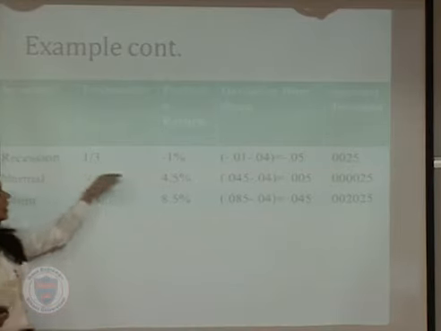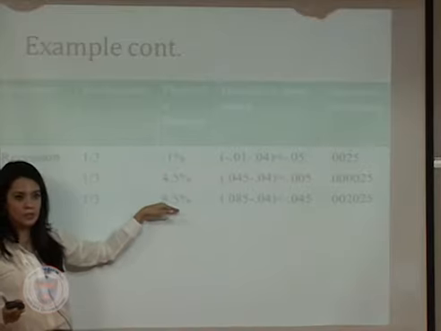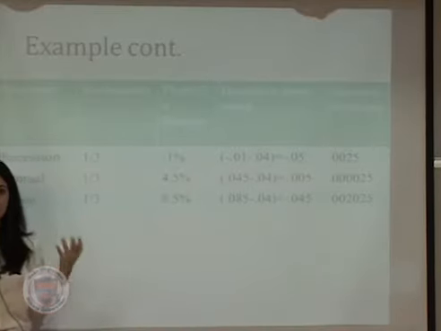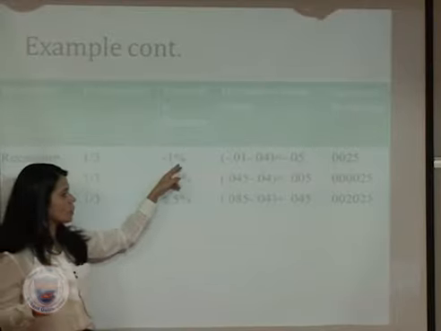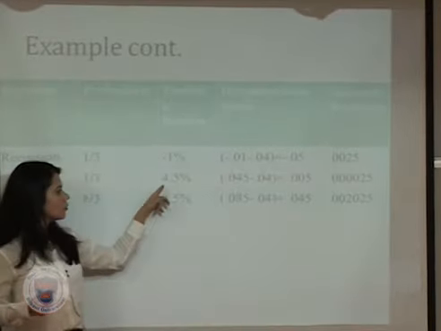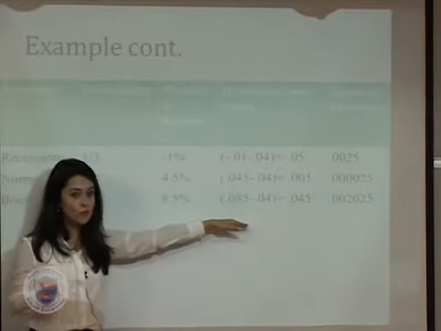So once you calculate the portfolio returns for each economic time, then remember what we do, we need to calculate standard deviation. So for that, we're going to calculate deviations from the mean: minus 1 minus 4%, 4.5% minus 4%, 8.5% minus 4%.